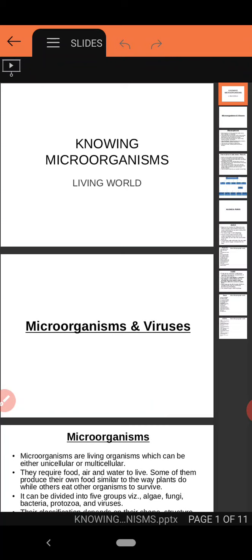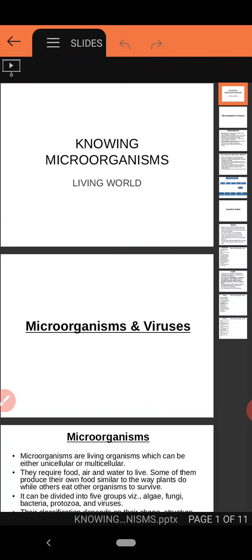Microorganisms include bacteria, fungi, protozoa, and algae. Viruses, though different from the above-mentioned living organisms, are considered microbes. Viruses are quite different from other microorganisms. They reproduce only inside a host organism, like bacterium, plant, or animal cells.